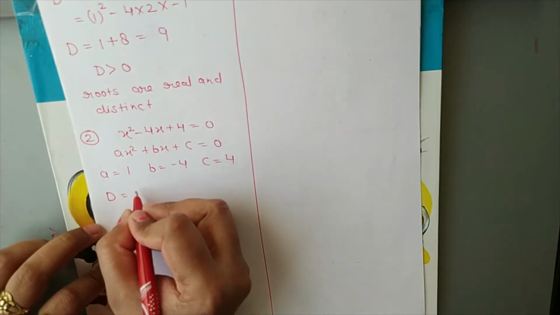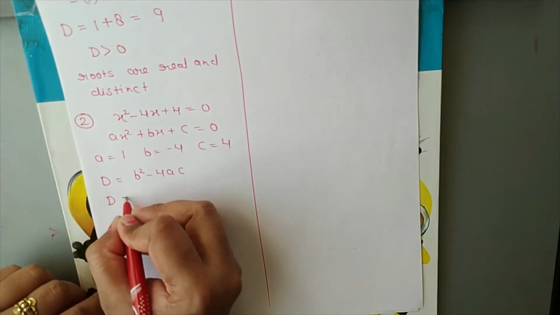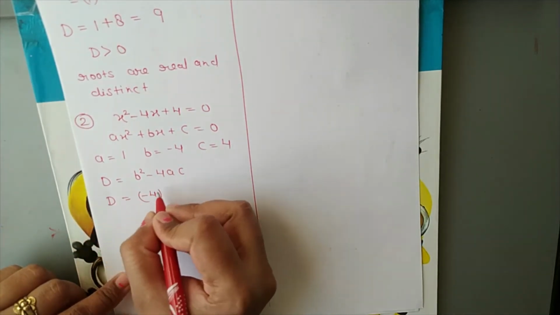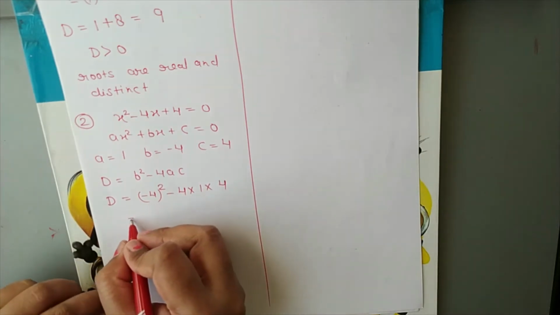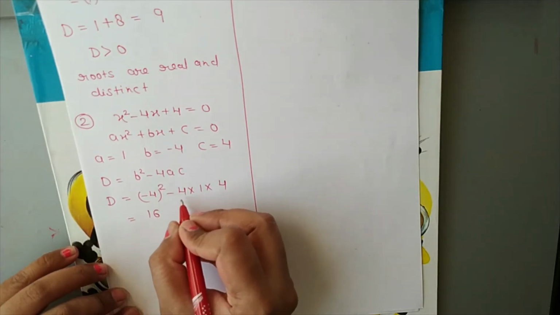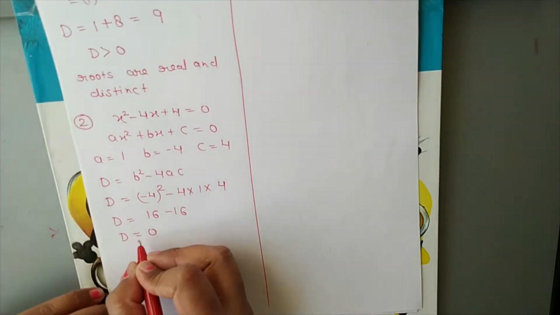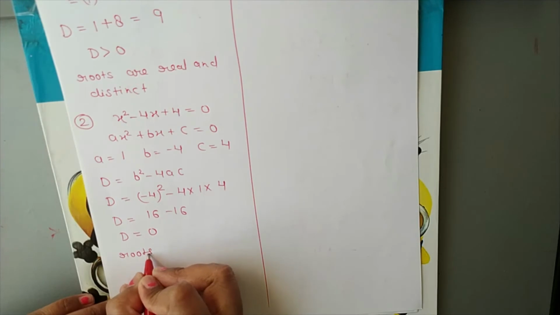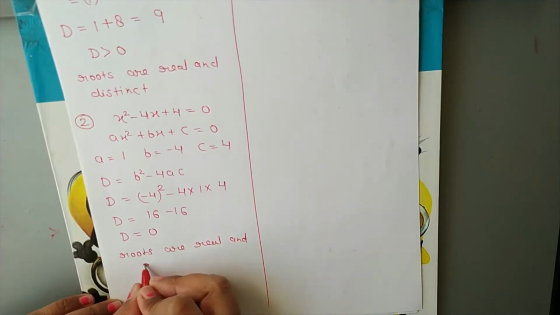So find d is equal to b square minus 4ac. So d is equal to minus 4 square minus 4 into 1 into 4. So it will be 16, then minus 16. So d is equal to 0, it means the roots are real and equal.